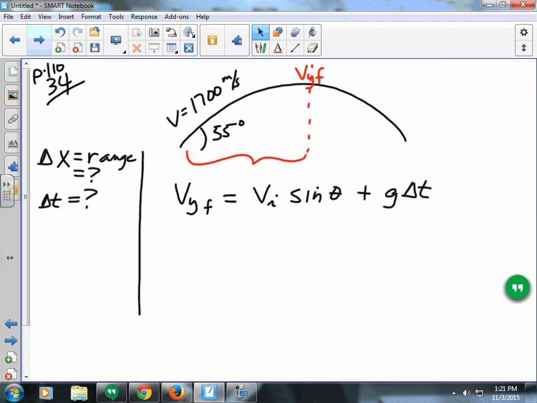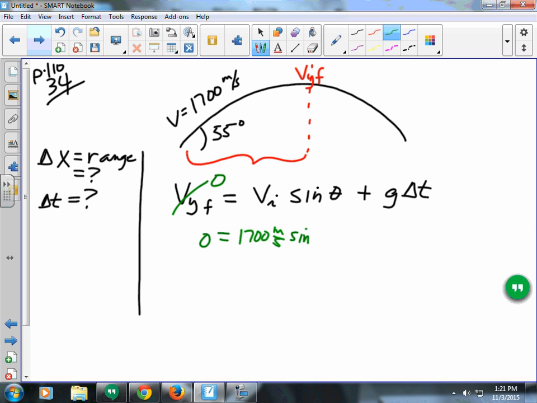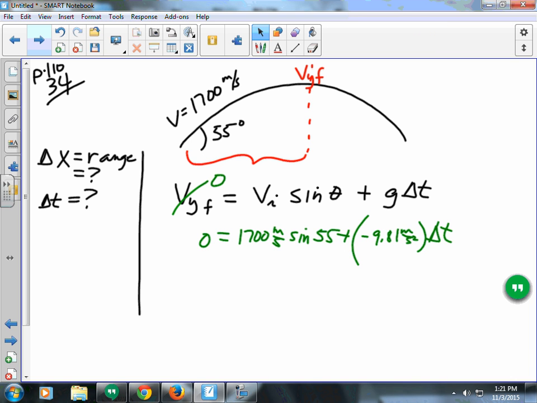If we're only treating half of the trajectory, this would be the time for half, so we would have to double it to figure the whole horizontal range. If we're looking at just half, what would this final vertical velocity be? Zero. So 0 equals 1,700 sine 55 plus negative 9.81 delta t. So we solved it.